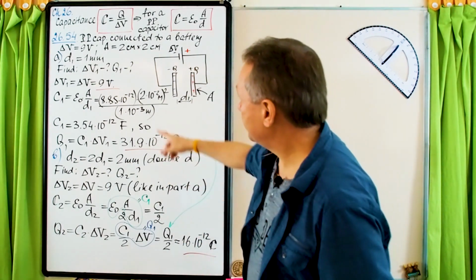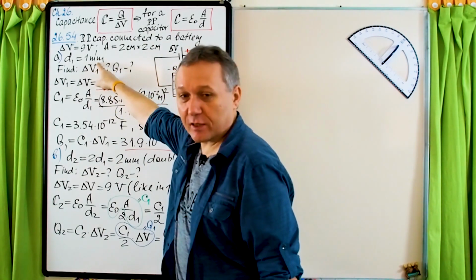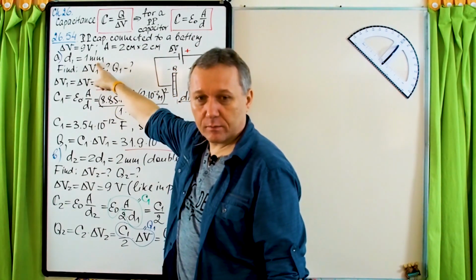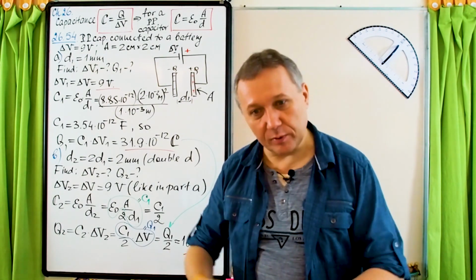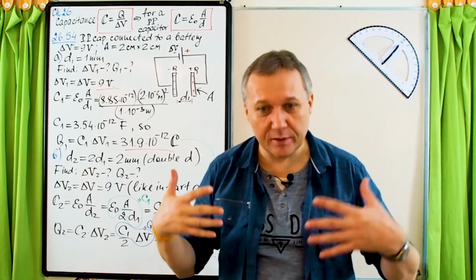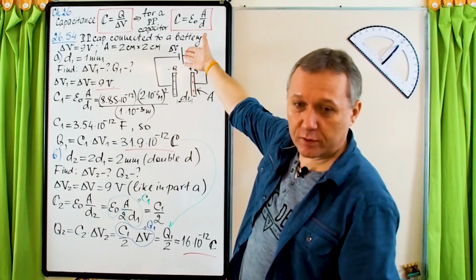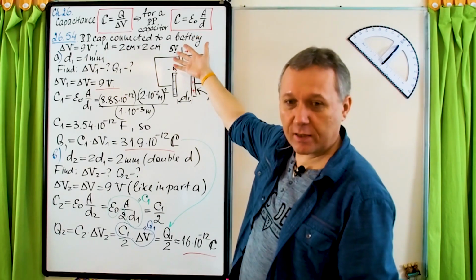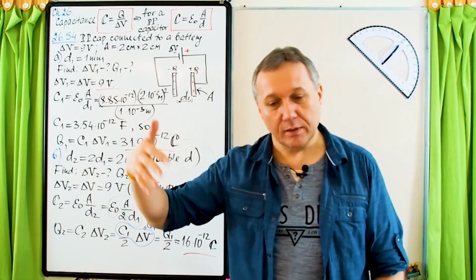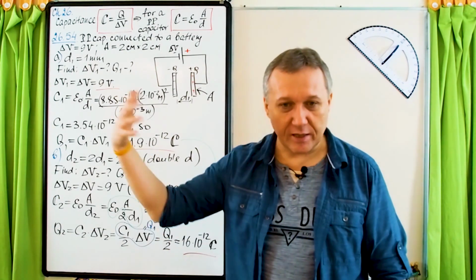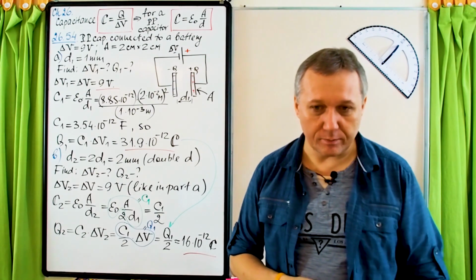But let's say if you reduce the spacing between plates, let's say to 0.5 millimeter, what would happen to the charge in the capacitor? Obviously, it will be increased at the expense of what? The battery will provide that additional charge. So in that case, battery will be drained, not drained, but some amount of charge will be taken from the battery, and that charge will come to the capacitor.